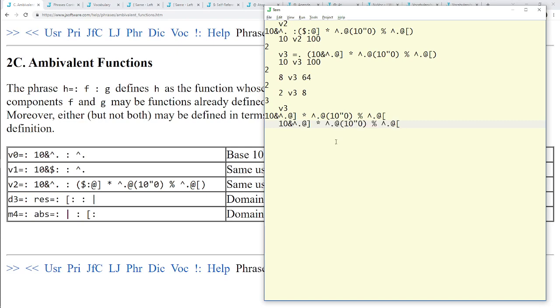Let's just take this, so this has got to be dyadic. So I could not just do 2 and then all of this stuff and then 8. That's not going to do anything.